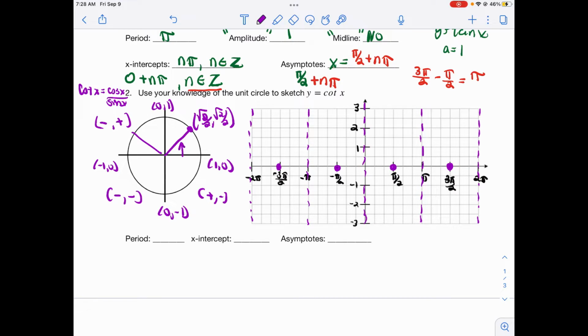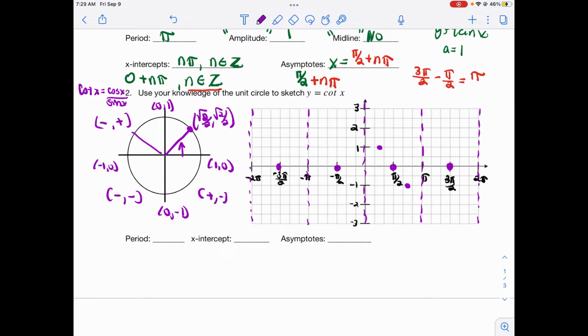We'll start with pi over 4. For cotangent, I take square root of 2 over 2 divided by square root of 2 over 2, so that does give us 1. Halfway in between here, we'll have a height of 1. Then in quadrant 2, we end up with negative divided by positive, which is -1.